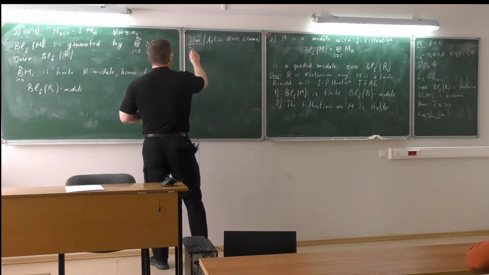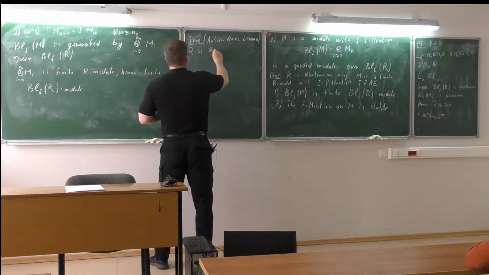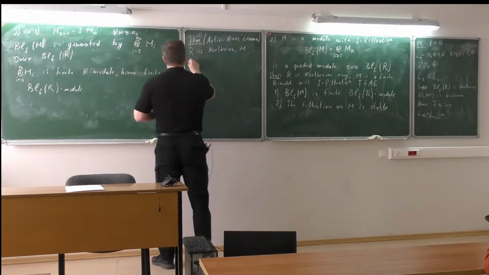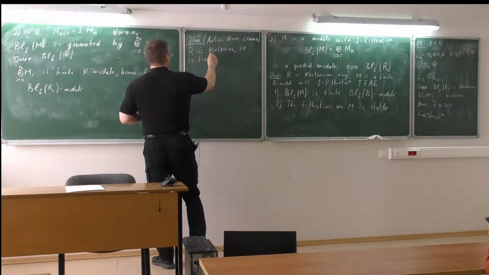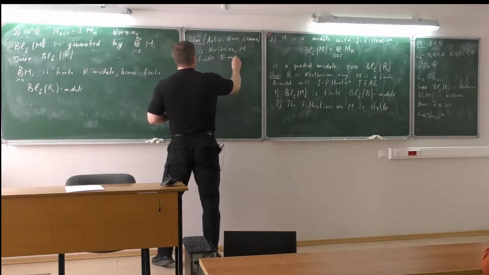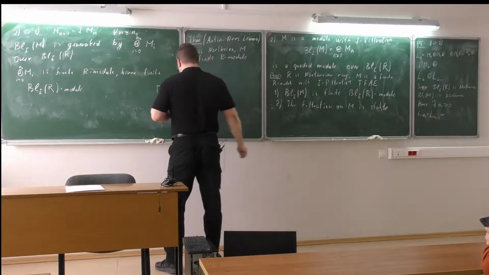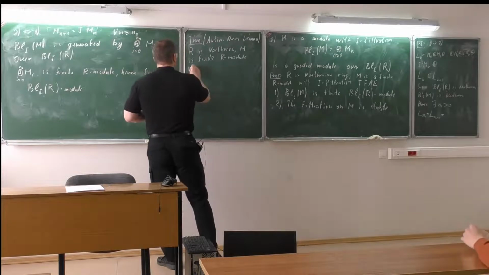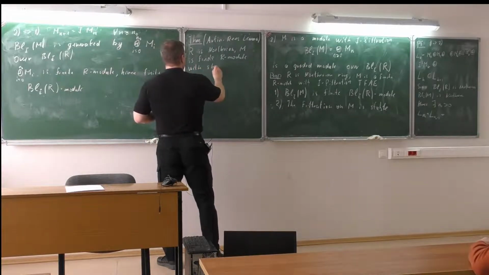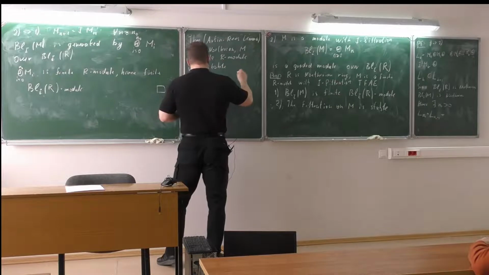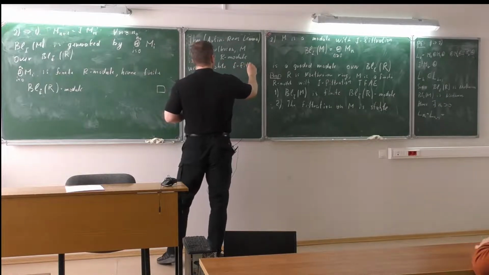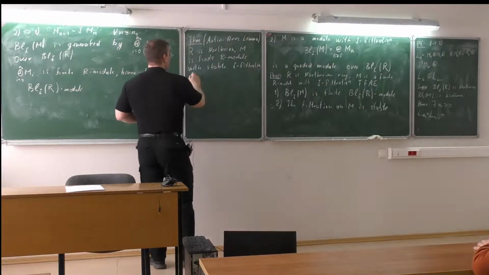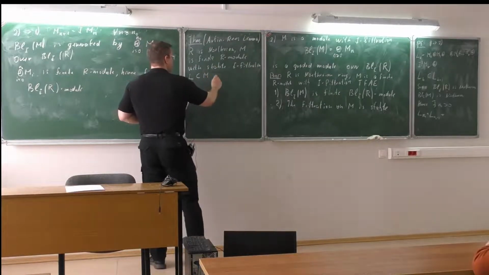As before, we assume that R is Noetherian, M is a finite R module with a stable I filtration, and we also have L, a submodule of M.